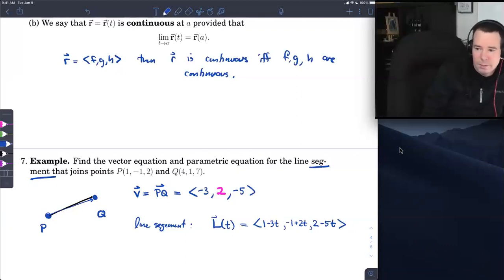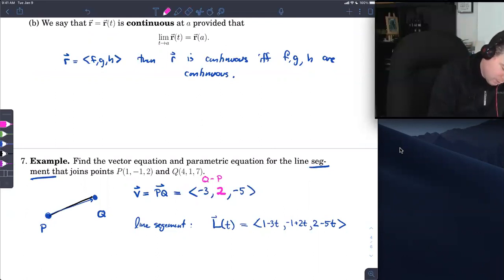Sorry, Dr. Mahula. For vector V, is it going to be Q minus P or P minus Q? Yeah, so this is Q minus P because it's tip minus tail.